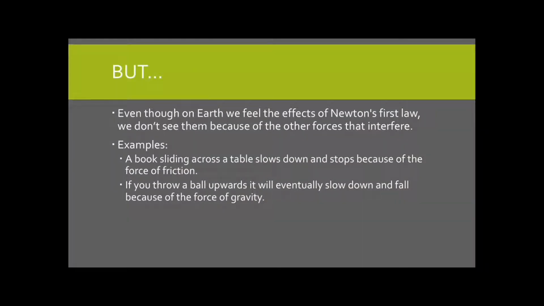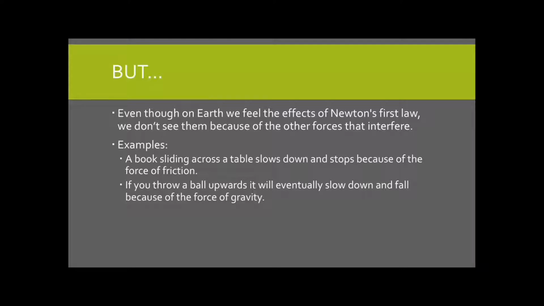But even though on Earth we can feel the effects of Newton's first law, we don't generally see it because of all the other forces that are interfering. Like, if you're sliding a book across a table, you notice that it slows down and eventually comes to a stop, which with Newton's first law, that shouldn't happen. But because of friction, it does.